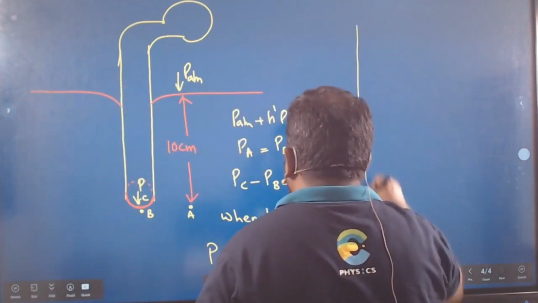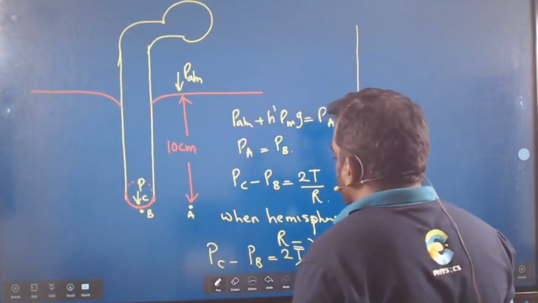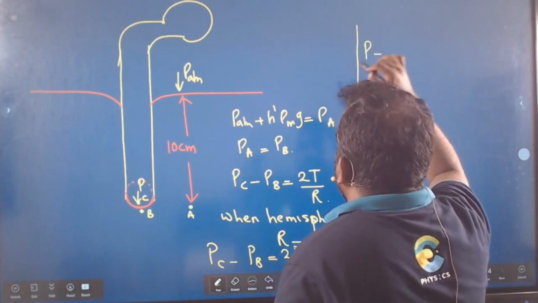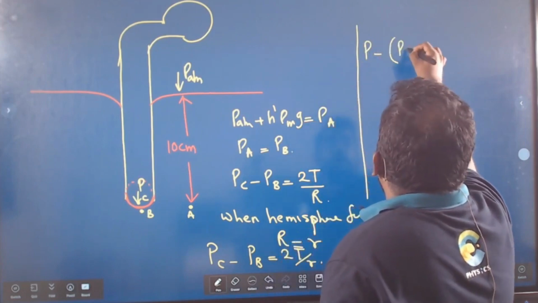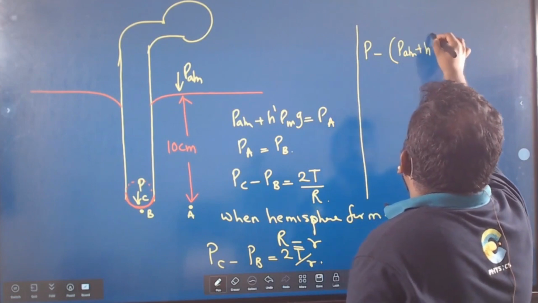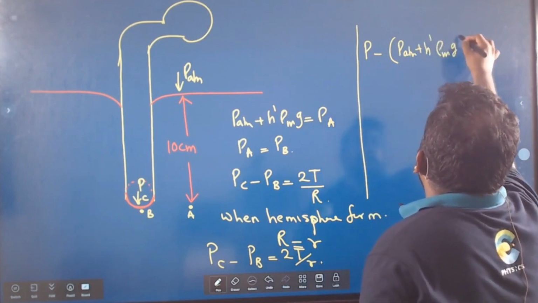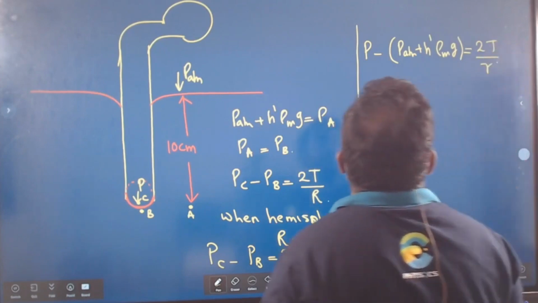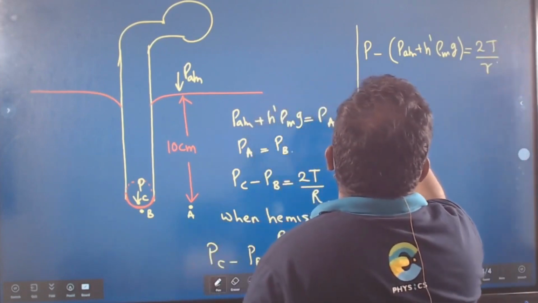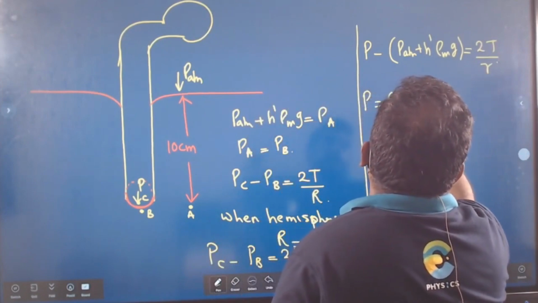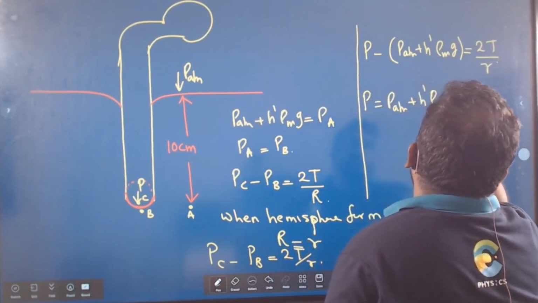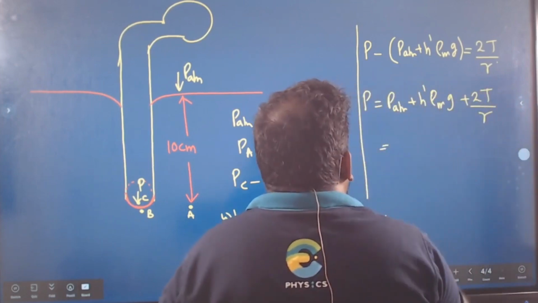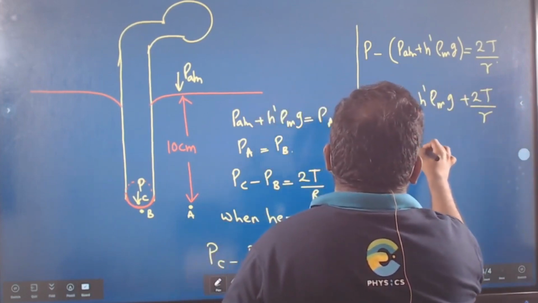PC is pressure inside. PB is P atm plus h dash rho g. That is equal to 2T over R. P is equal to P atm plus h dash rho g plus 2T over R. Atmospheric pressure is 10 to the power 5.